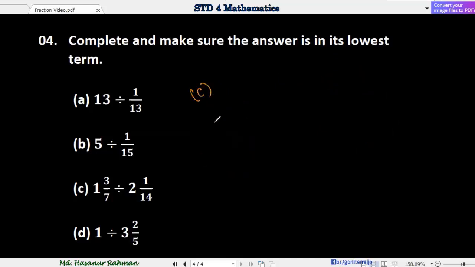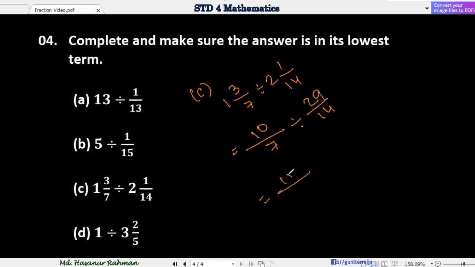Now number C. Number C says 1 whole 3 by 7 divided by 2 whole 1 by 14. So at first we have to convert this mixed into improper. So how can we convert? 7 ones are 7 plus 3, that is 10, divided by 14 twos are 28 plus 1, 29.